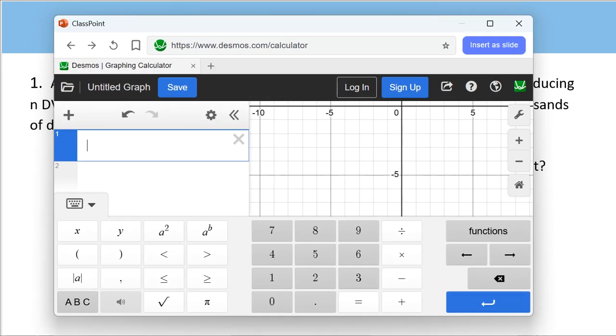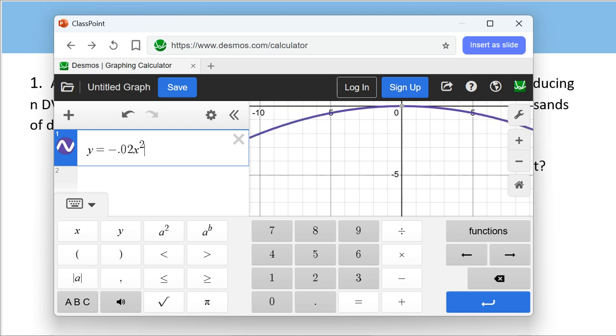Kind of hard for me to get both of them on the screen at the same time, but y equals negative 0.02 x squared plus 3.40x minus 16.